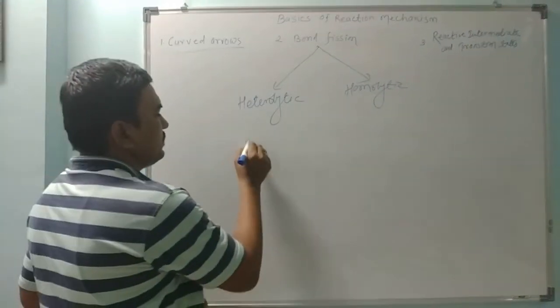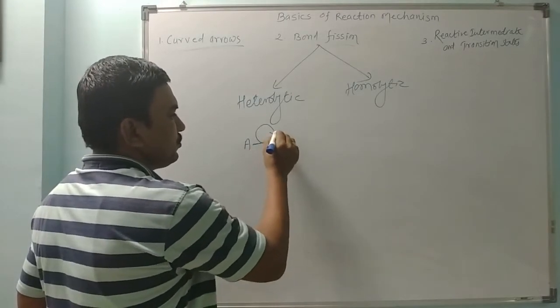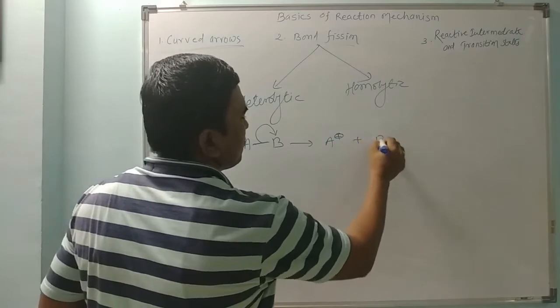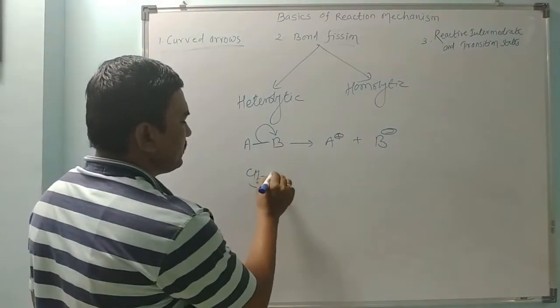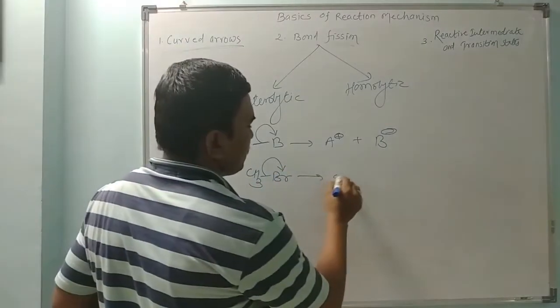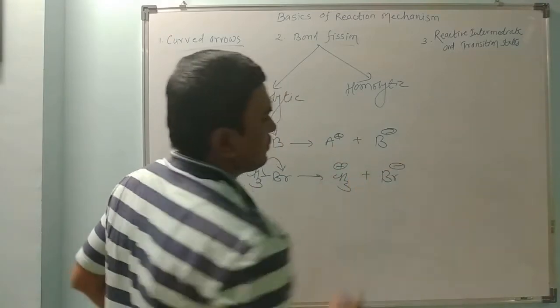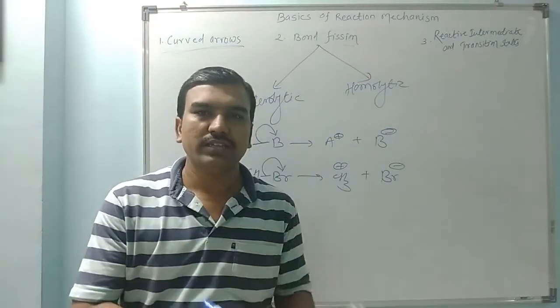So when we have this molecule A and B, both the electrons of this bond go to B. So we get here A plus and B minus. For example, CH3Br, both the electrons go to Br. We get CH3 plus and Br minus. So heterolytic bond fission leads to ions.